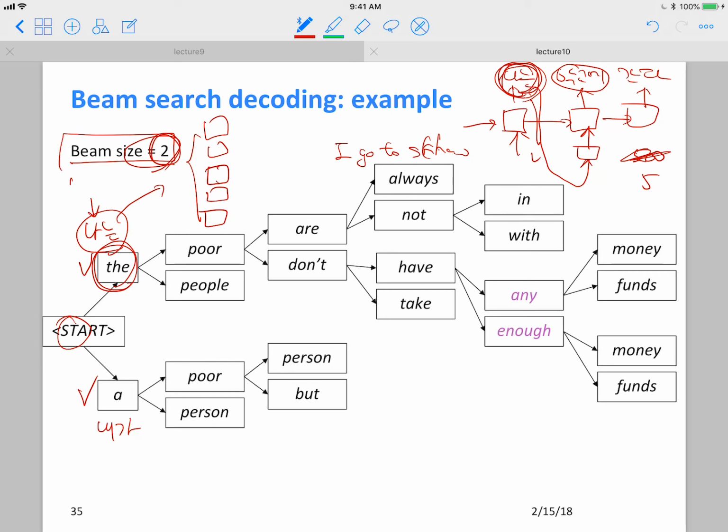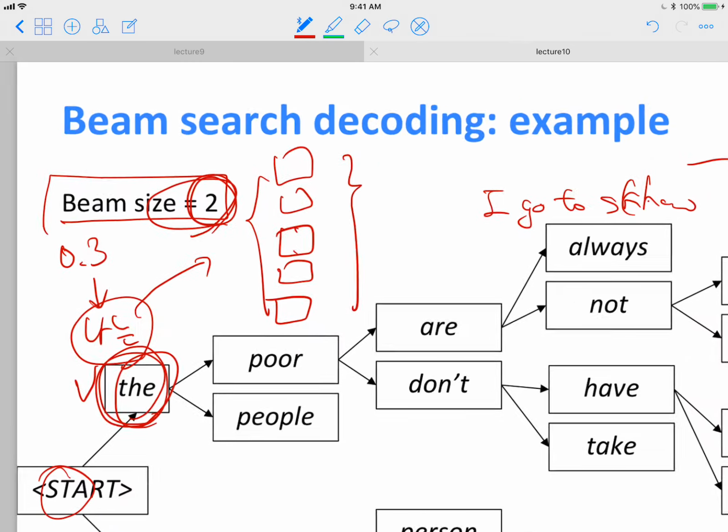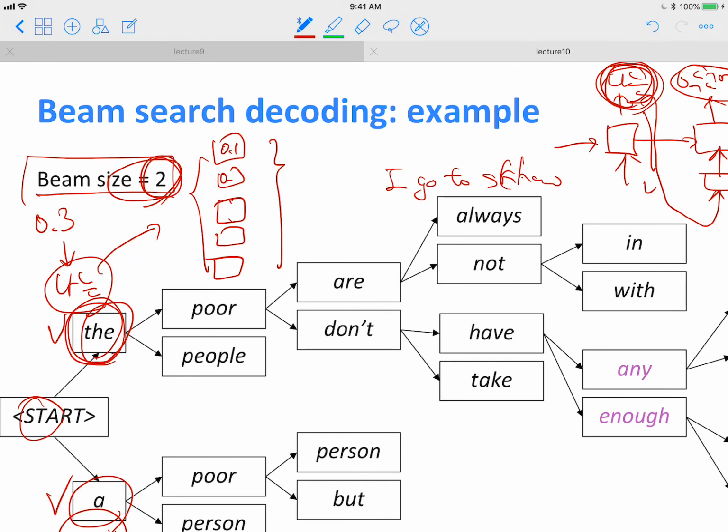Suppose this probability was 0.3, and this one was maybe 0.25. So this is the top ranked one, and the second ranked among the 5 different words in the first time step. In the second time step, we compute all the possible probabilities directly from our softmax. Suppose these were 0.1, maybe 0.4, 0.2, 0.2, and 0.1.